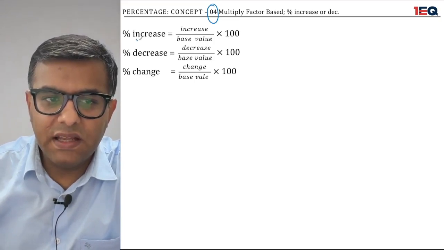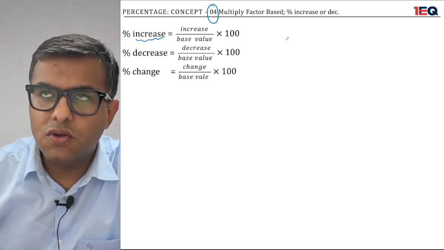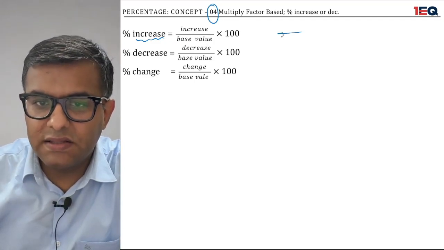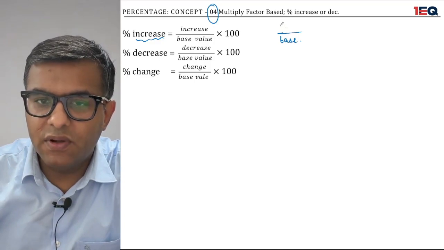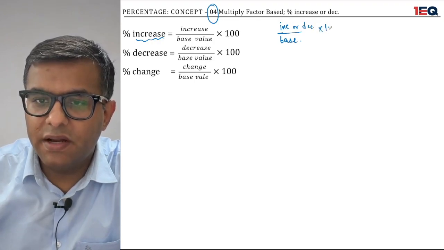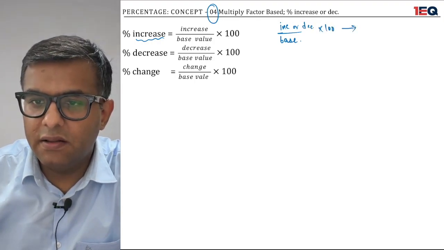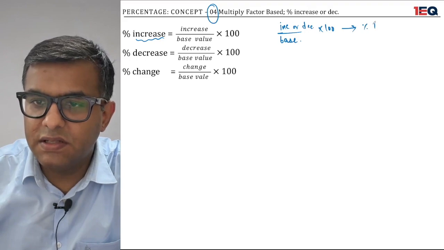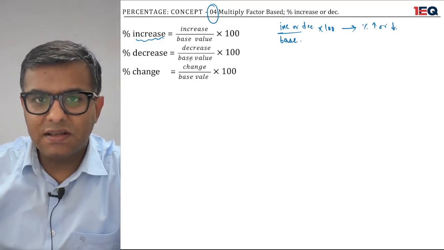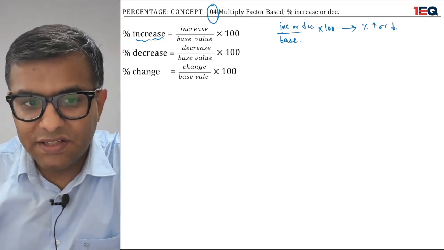If there is any increase in percentage, we need to have a base against which the calculations would be done, and against that base we have to keep the increased or decreased value and then multiply it by 100. Then we can declare that this is the percentage increase or percentage decrease. Percentage increase and percentage decrease collectively can be called percentage change.